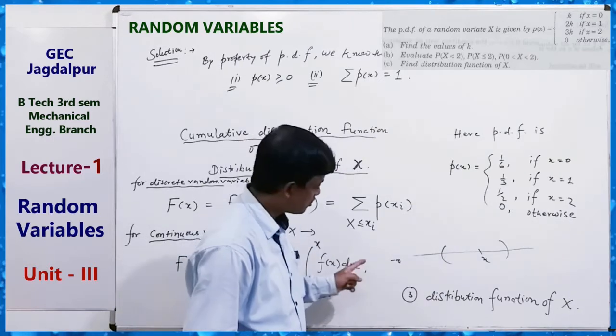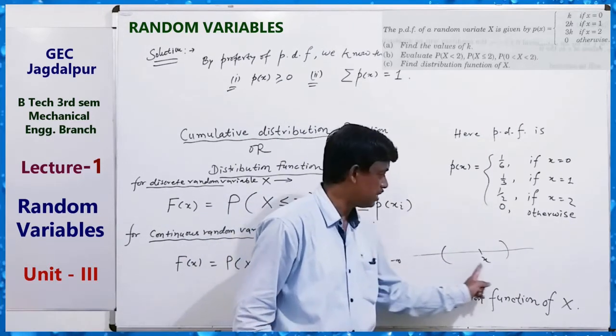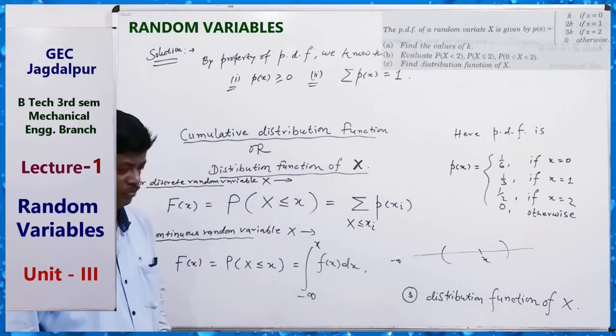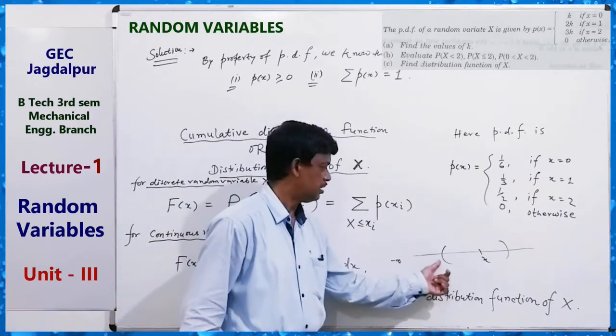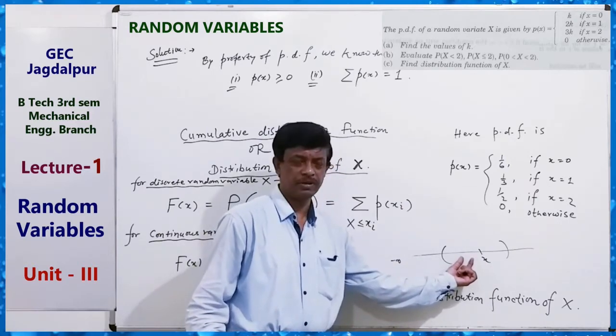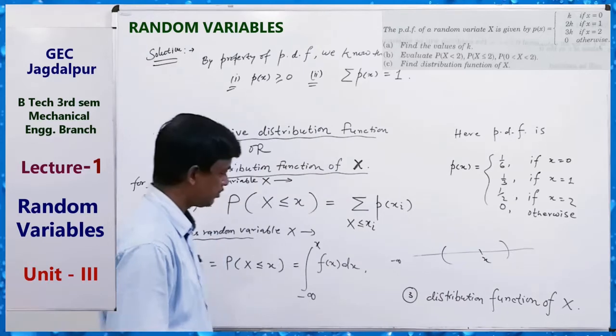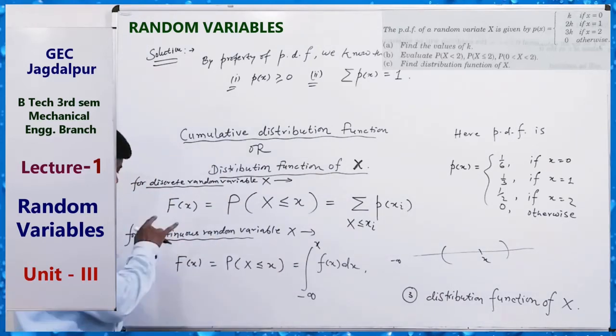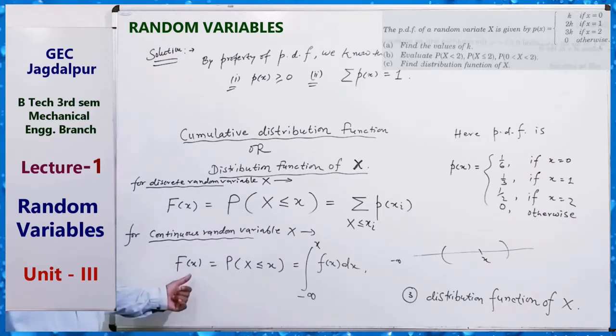Then we can combine minus infinity to this and this to this. Here it is 0, so the main value is from this part. So F(x) equals this for a continuous random variable. This is the distribution function.